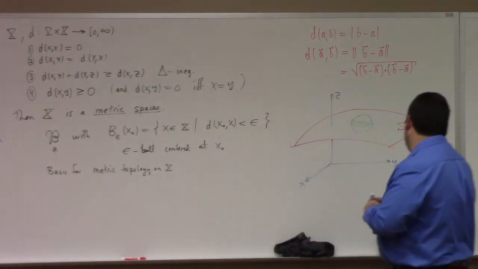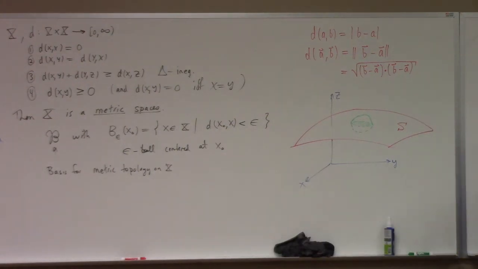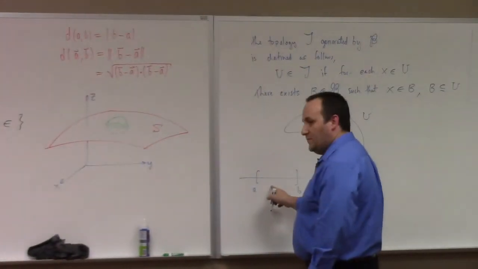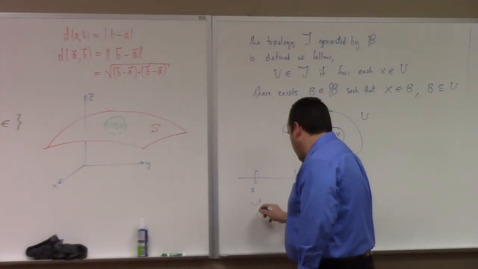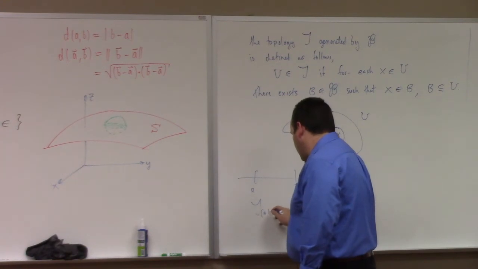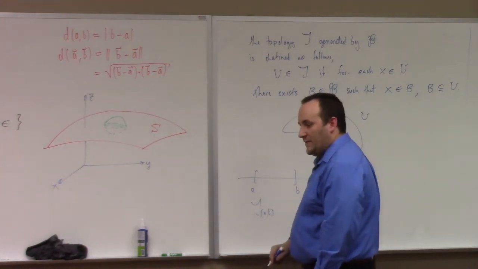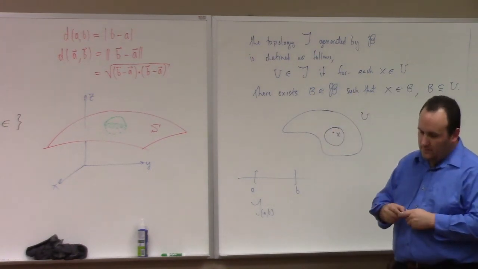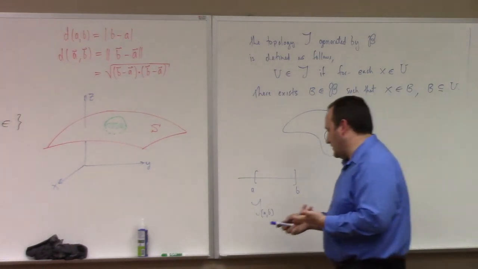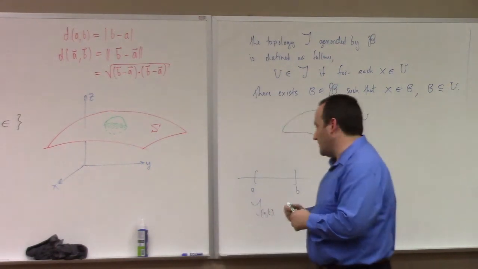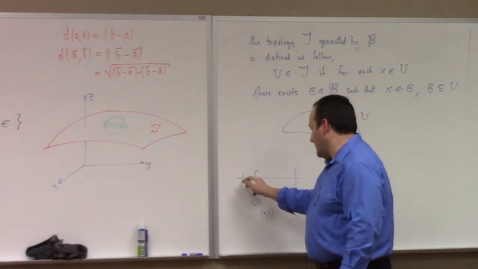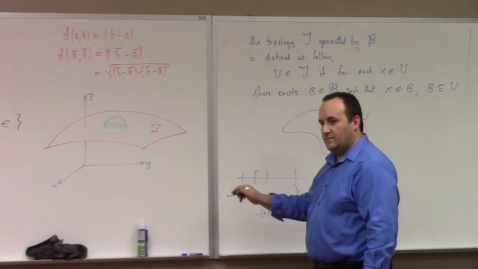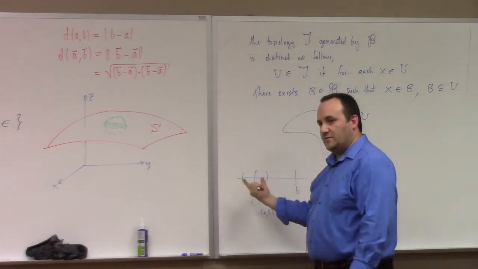For the real line, if you fix your attention on a closed interval from A to B and you want to talk about what is open with respect to the subspace topology on A to B induced from the standard metric topology, you just get it from looking at intersections of open intervals. That forms the basis.